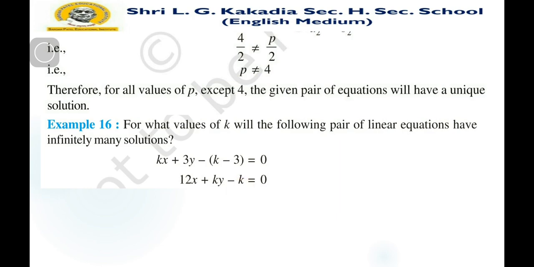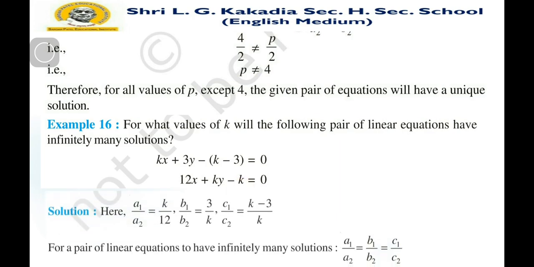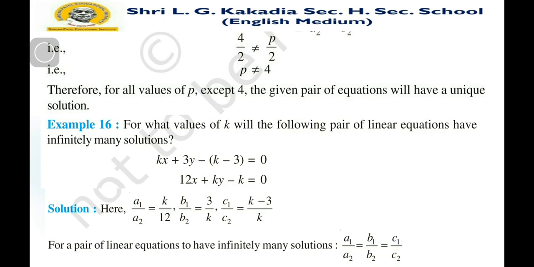So let's find the solution. Here a1 by a2 is k by 12, b1 by b2 is 3 by k, and c1 by c2 is minus k minus 3 over minus k, the minuses cancel, and the remaining part is k minus 3 divided by k.